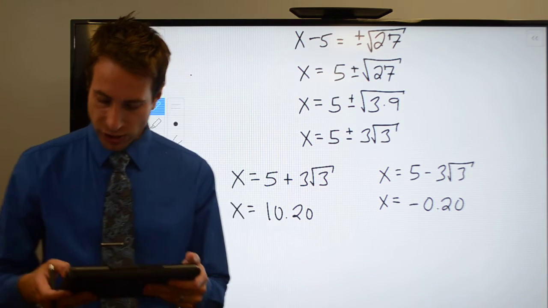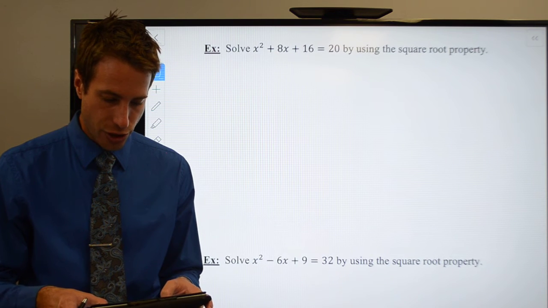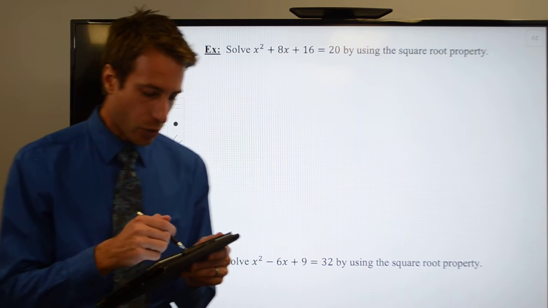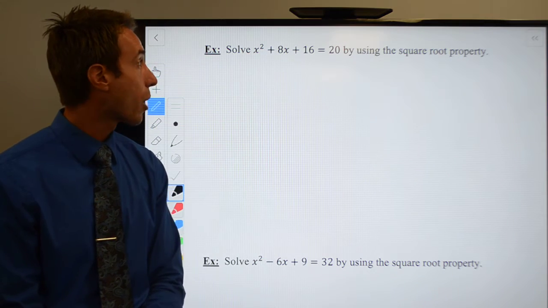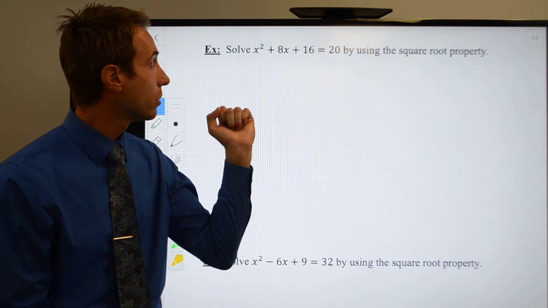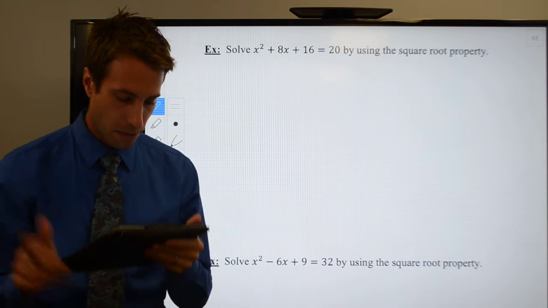I got a couple more for you, so let's try another one here on this page of the notes. And once again, we're going to solve using the square root property. I have a trinomial, perfect square, leading coefficient of 1, binomials.